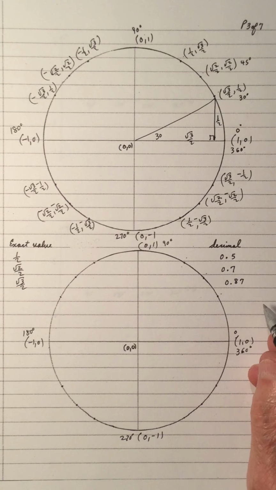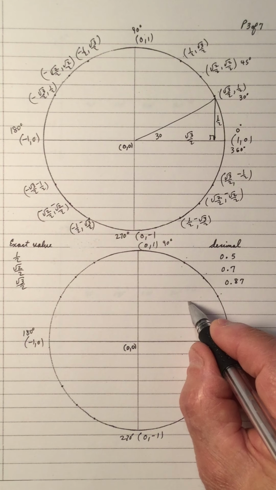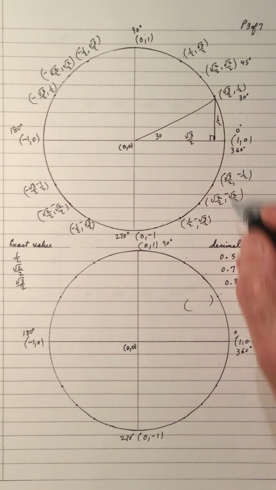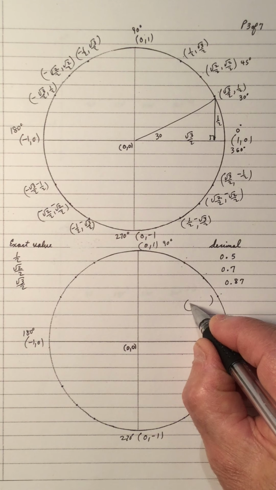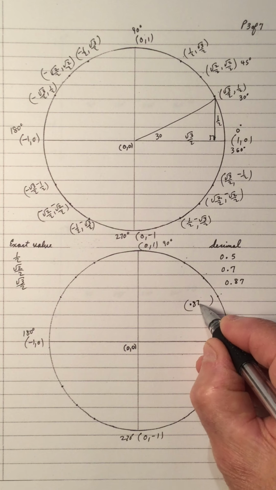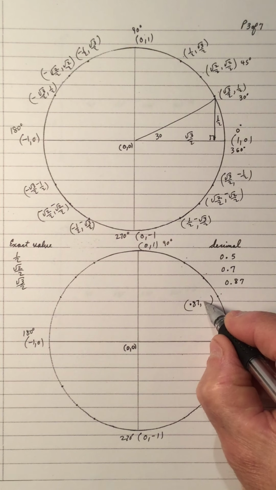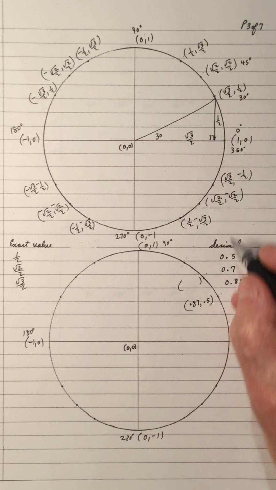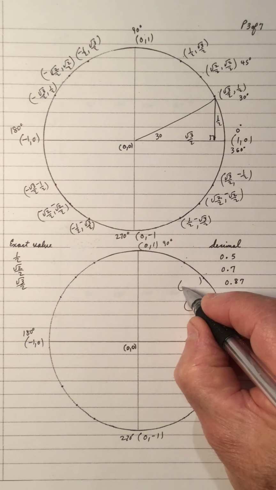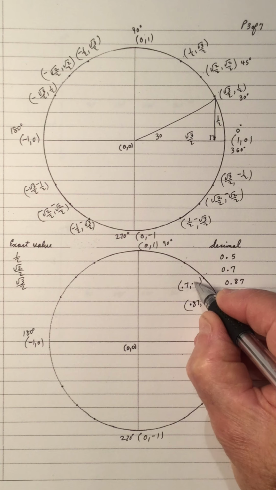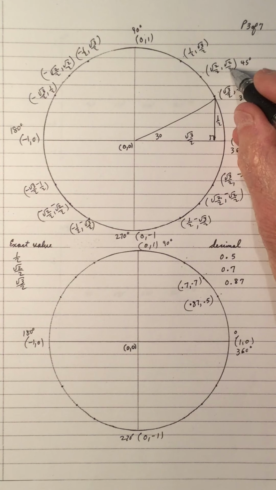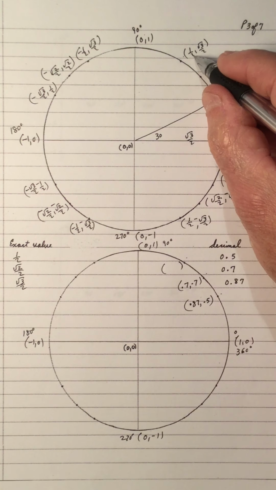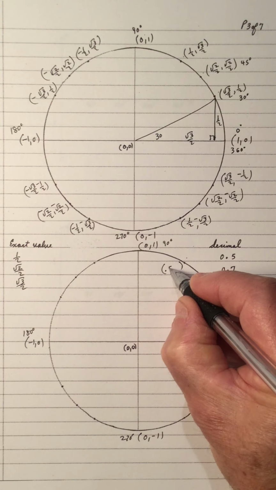So if you think about it, let's put this on the inside. Root 3 over 2 is 0.87, and a half is 0.5. And right here, root 2 over 2 is 0.7. So root 2 over 2 is 0.7, 0.7. And 1/2 is 0.5.